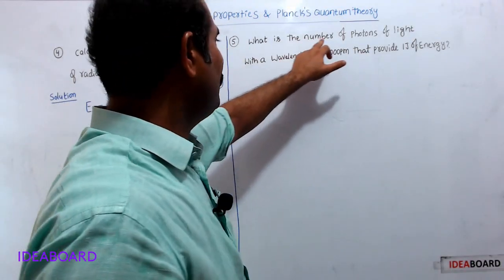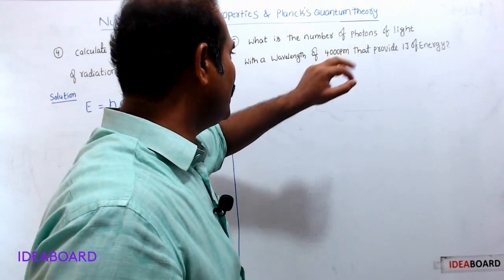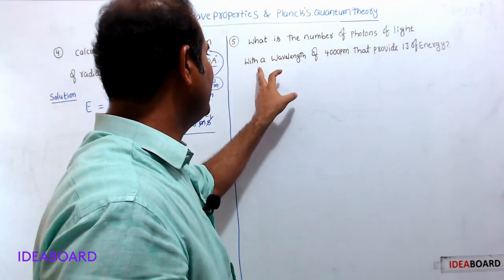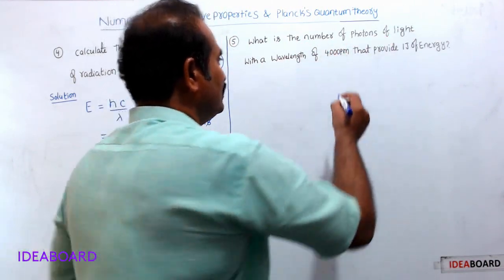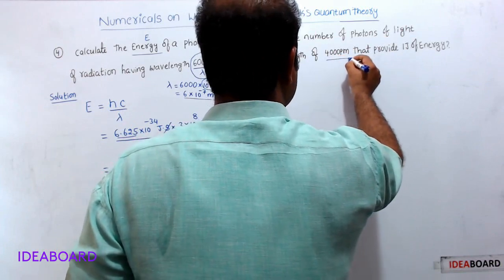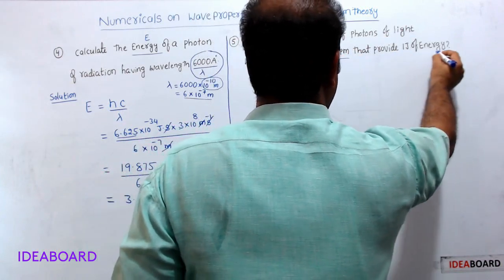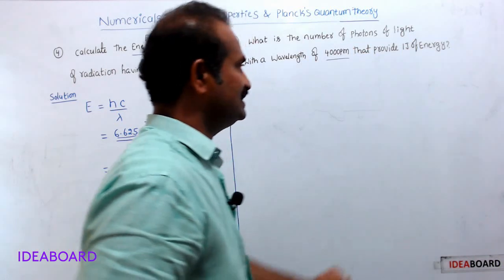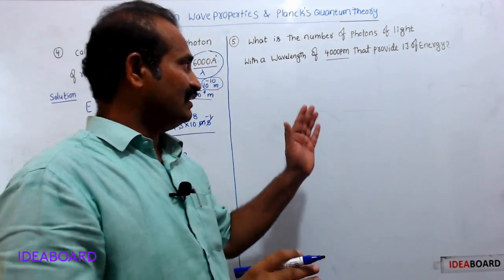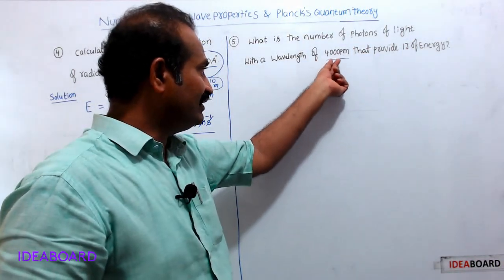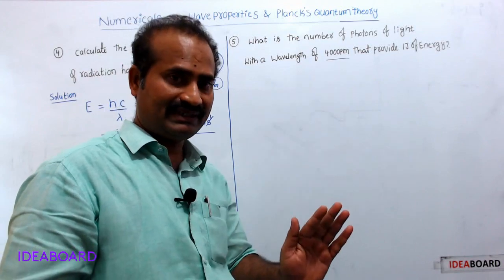Here, what is the number of photons of light with a wavelength of 4000 picometer that provides 1 joule of energy? See here, the wavelength is given as 4000 picometers.